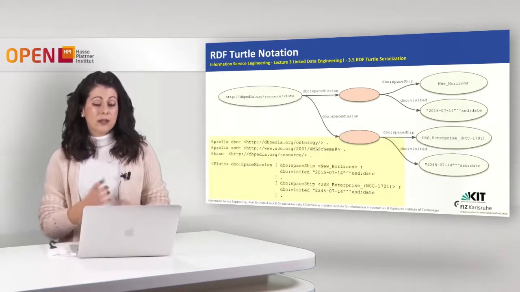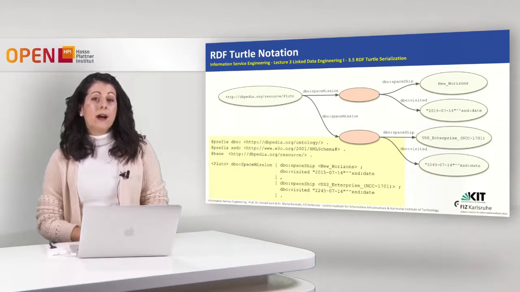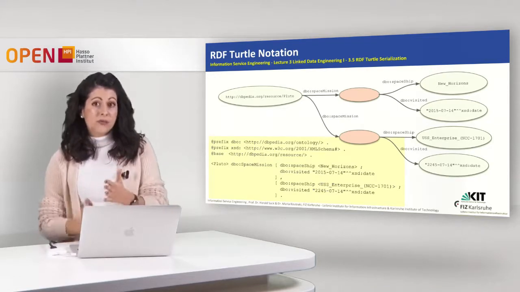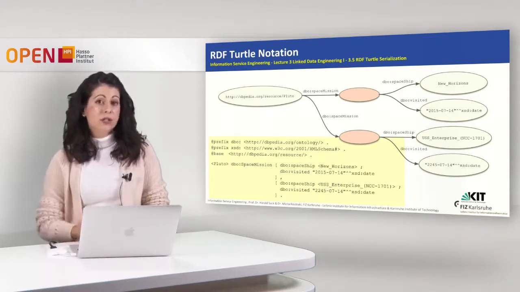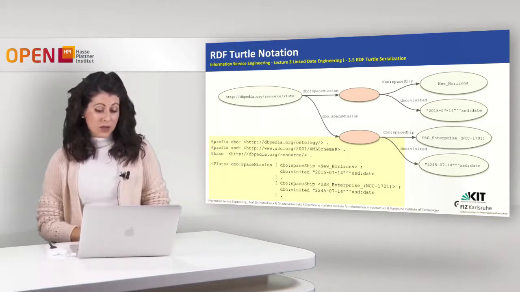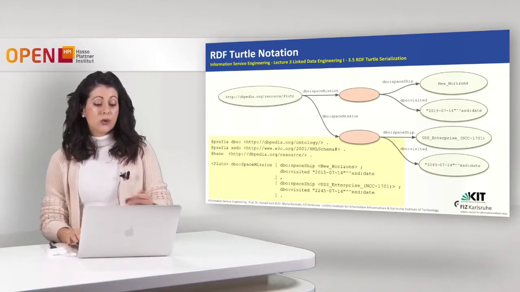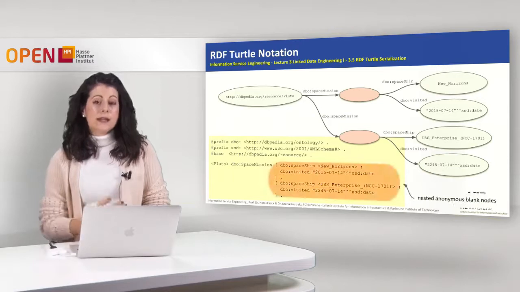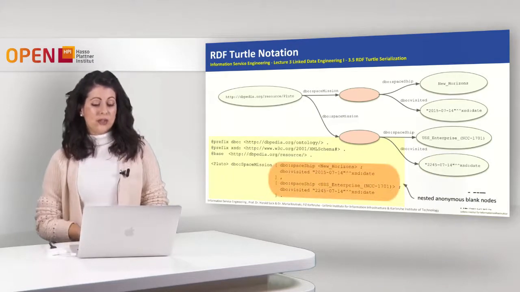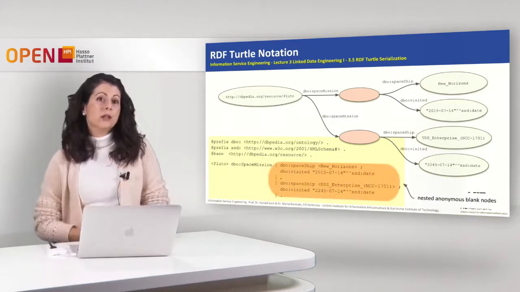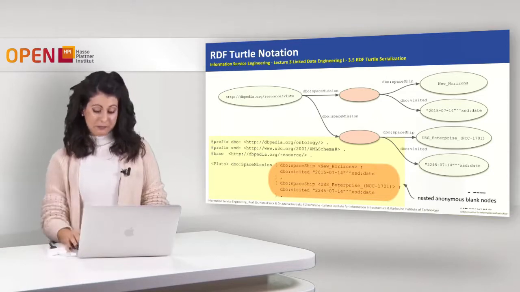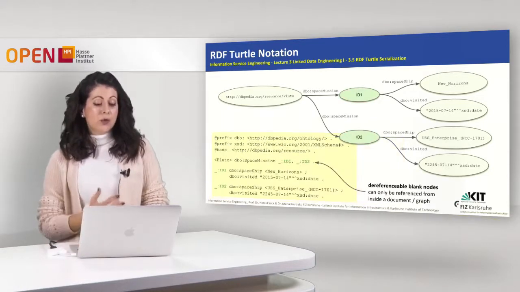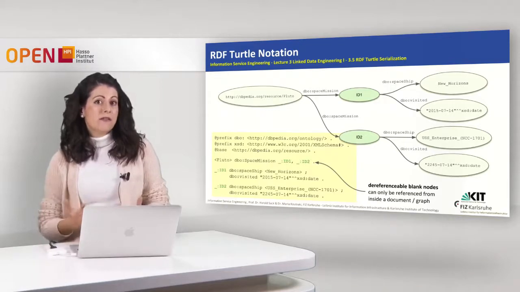But here we have anonymous blank nodes that are both subjects for some triples and objects for other triples. To represent that in the RDF Turtle notation, we do it in the following way, which is also called nested anonymous blank nodes, since all the information is included within the brackets. But those blank nodes can actually have a name, an identifier.